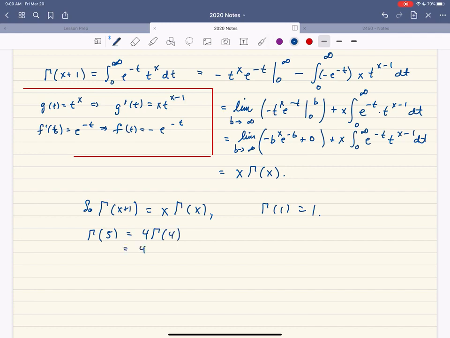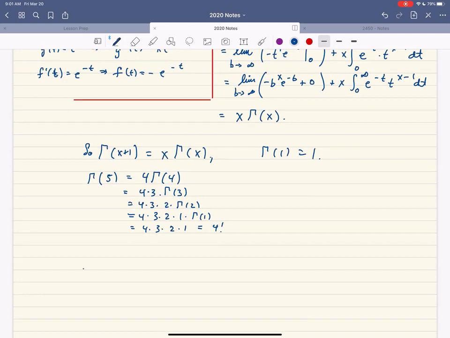And now gamma of 4 is going to be 3 gamma of 3, and gamma of 3 is 2 gamma of 2. We're almost done. Gamma of 2 is going to be 1 times gamma of 1, and gamma of 1 is just 1. So it turns out that gamma of 5 is 4 factorial.